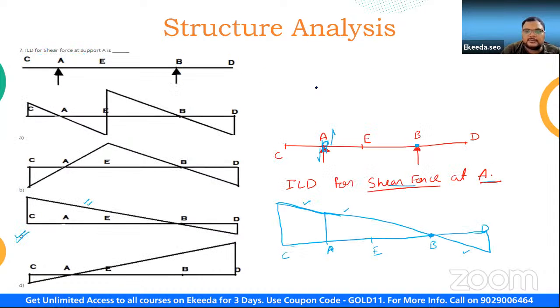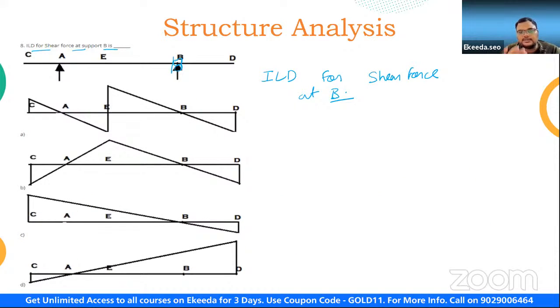So using the same concept I told you here, try to find out how the ILD, or the influence line diagram, is going to look. Yes guys, you can tell me what is the correct option. See, use a similar concept.